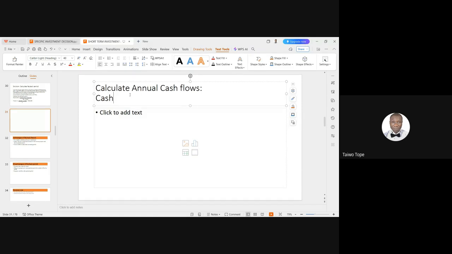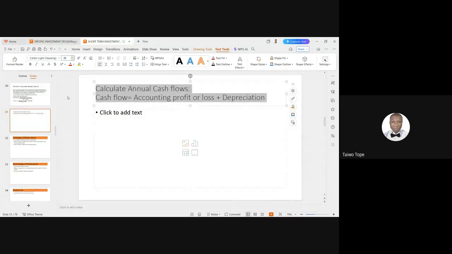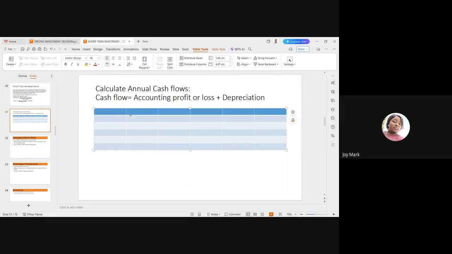Cash flow is equal to accounting profit or loss plus depreciation. For project A, 58,000 plus 62,000.